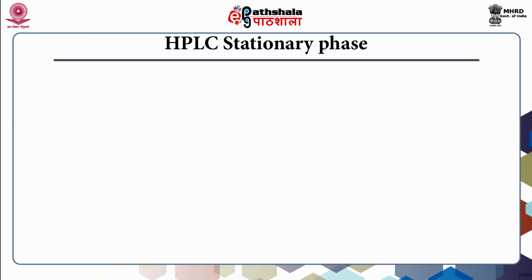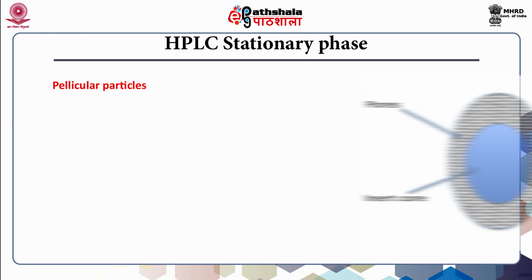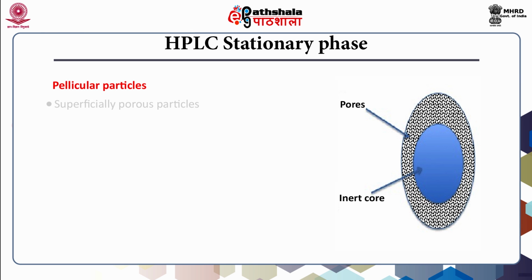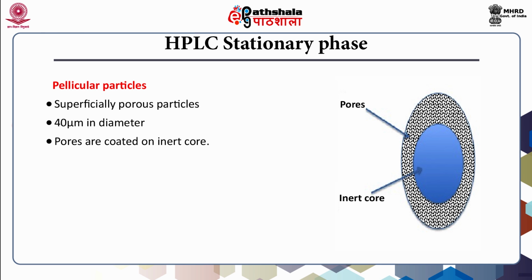The next stationary phase particle is the pellicular particle. Pellicular particles are also called superficially porous particles, and they have a diameter of 40 micrometer. These particles have an inert core on which the pores are coated.